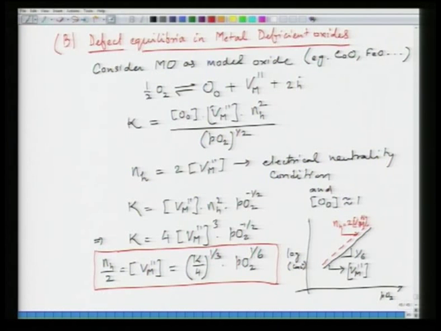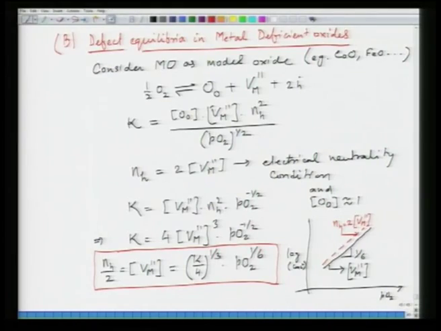Vm. Okay. So, this is how it will vary. The scales are arbitrary, we will see they are relative to what is before or what is after. So, we will see that. So, this is the case in case of metal deficient oxides.